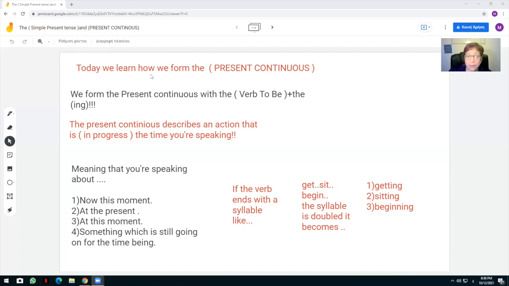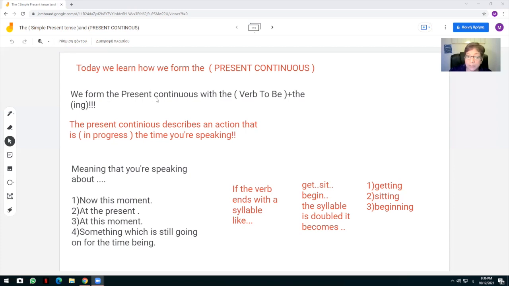Today we learn how we form the present continuous, how we make the present continuous. Okay, we form the present continuous with the verb to be plus the ing.